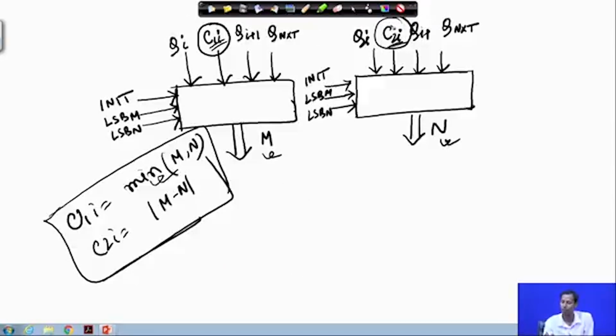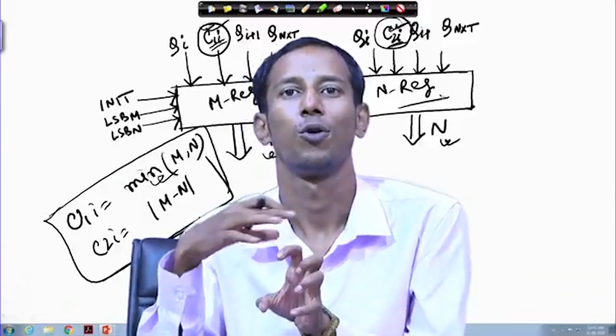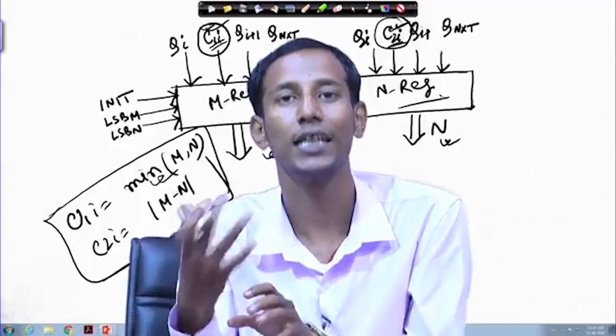The output of C2 will come here, and the output of the C1 circuit will come over here. This is the M register and this is the N register. These are the basic blocks we are building to find the ultimate circuit.